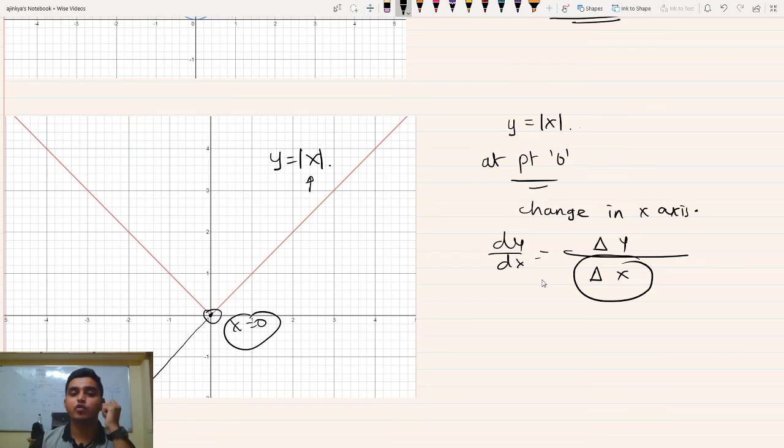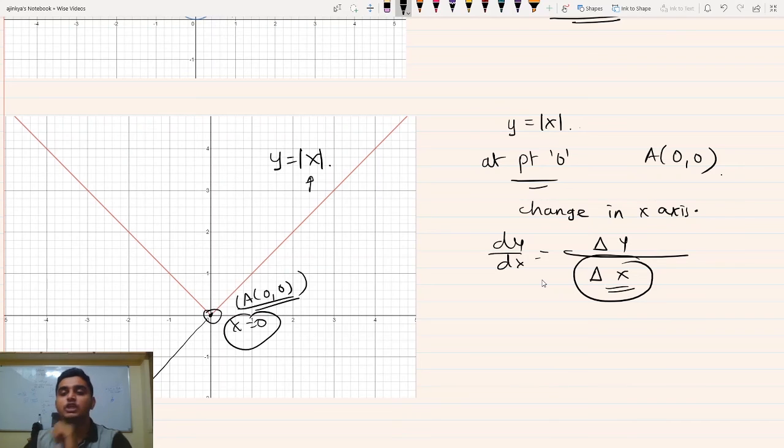So let's take that point as a, which is 0, 0. There is no actual change in the x-axis, and you cannot define such examples.